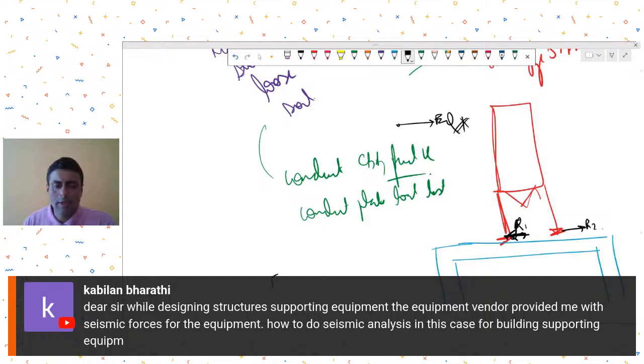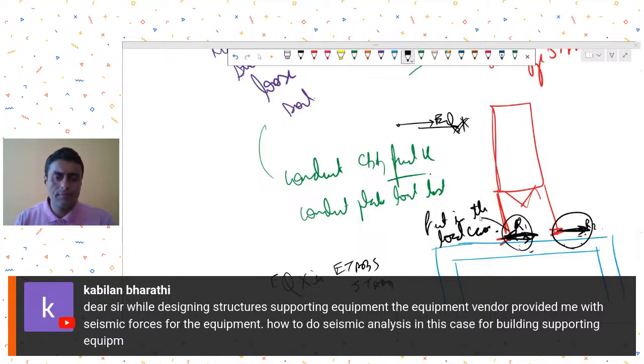When you make a load case in your ETABS or STAAD, whatever, under that load case you put these values as point loads or nodal loads, in whatever form the equipment vendor has given you these reactions, you apply them as forces. That means the direction should be like this. So if this EQ is acting, you apply them as forces like this. You put it into the load case that you're defining, and I think that should be it.